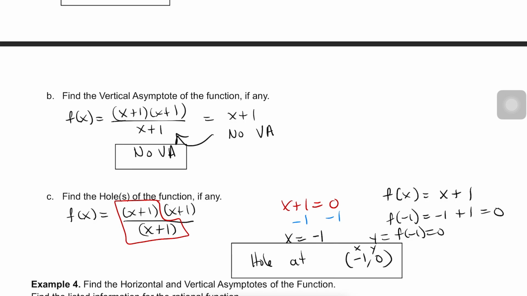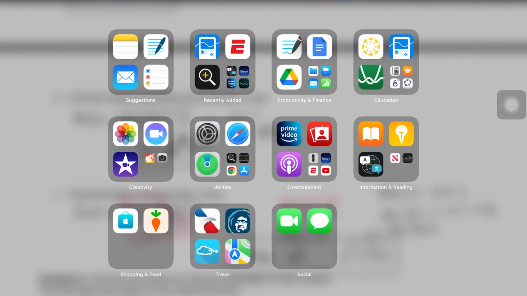So let's go ahead and jump in and find Desmos here real quick.